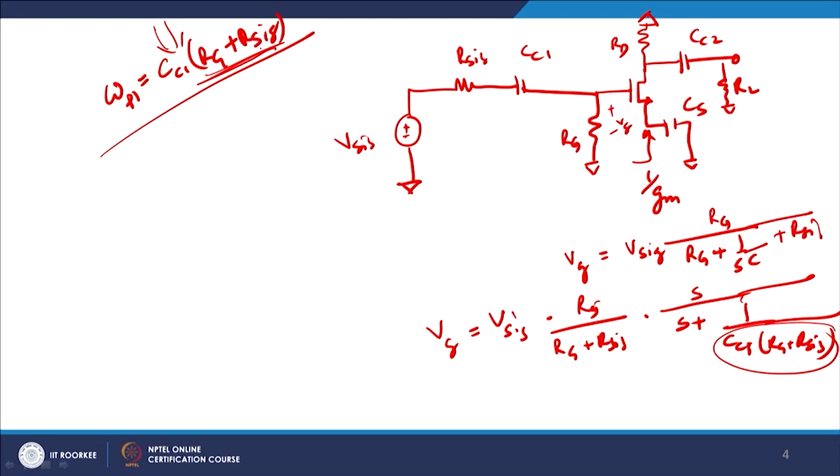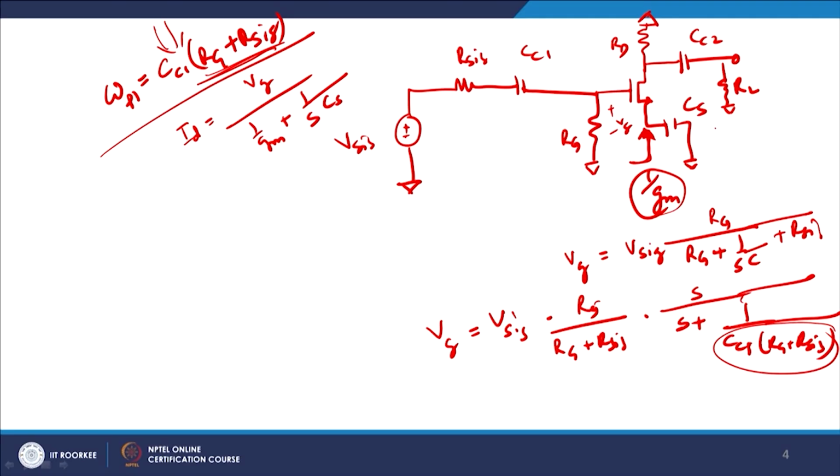Now therefore ID as I discussed with you is Vg times gm, which will be Vg upon 1 by gm plus 1 by sCS, fine. Why? Because looking from this side, if you look very carefully, 1 by gm is the source impedance as well as 1 by sCS is the impedance offered by this capacitance.